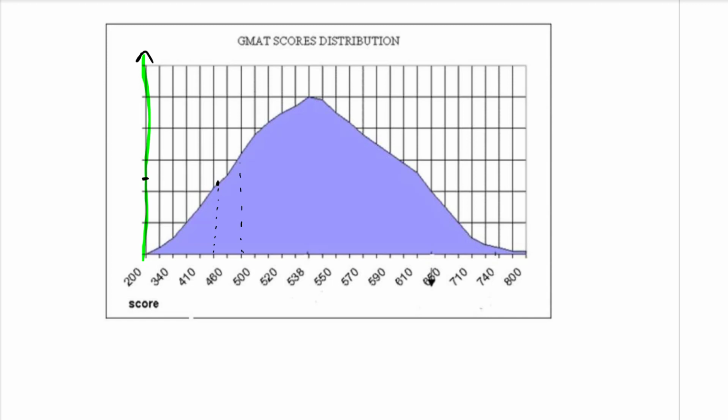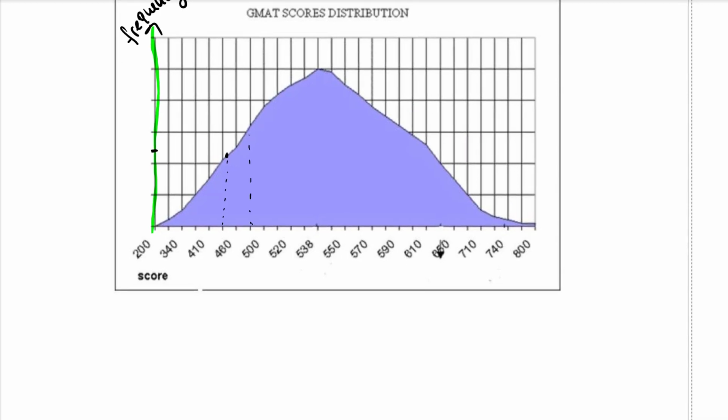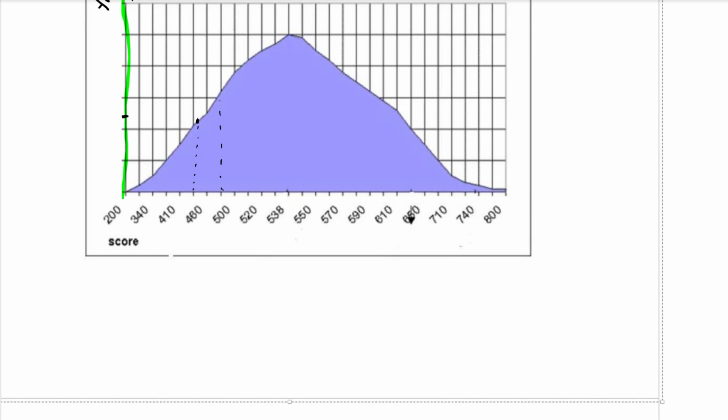The term we use to describe this height, the number of observations in a particular category, is called frequency. The frequency can represent a number, let's say 1,000 people or 2,000 people, or sometimes a percent, like how many of all the people scored in that particular category. So that's what goes on the vertical axis: frequency.